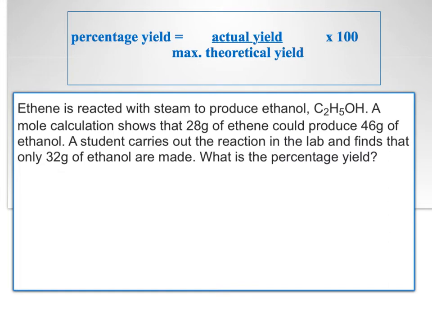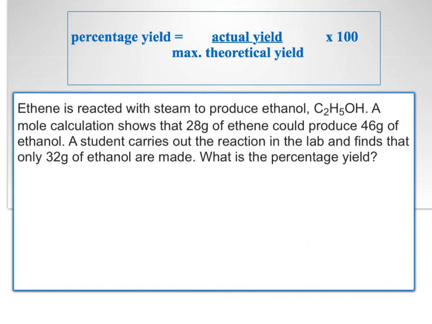To start with though, we need to identify which numbers are which. We need to know which mass is the yield, the actual yield obtained, and which mass is the maximum theoretical yield. So let's have a look. The product that we're trying to make is ethanol, so the masses we need must be to do with ethanol. If we read through it, the student finds out that he can only make 32 grams of ethanol.